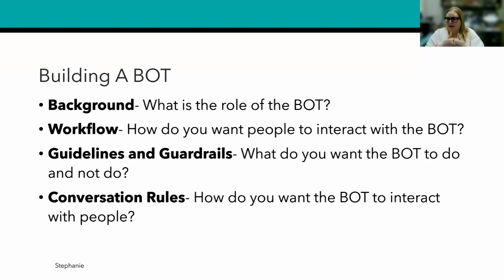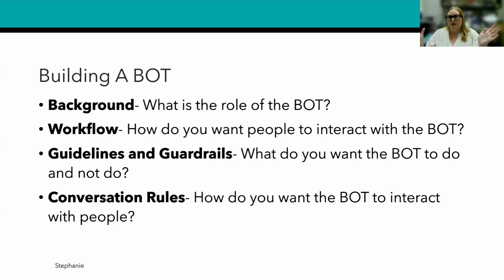And who is it going to interact with? Like, what is the audience? In the workflow, how do you want people to interact with it? Do you want them to have back and forth conversation? Do you want it to just answer a question? Do you want to have explanation in it? Kimberly's could have just given them a GPA, but what it did was walk through the actual steps of how to calculate the GPA. It wasn't just an answer, it was that process.